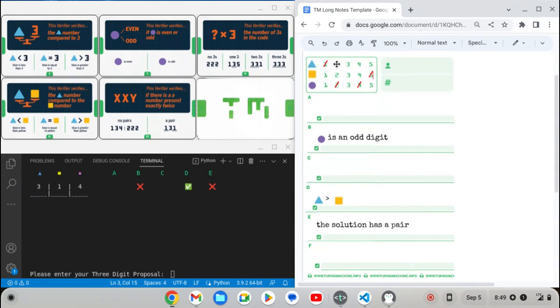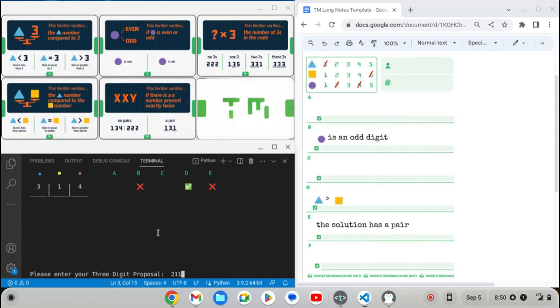Oh, and of course, since triangle has to be greater, that would force square to be 1, and then matching up with circle 1. That may be a possibility. Yeah, let's go with that. So 2, 1, 1. So I'm hoping no 3s, and triangle is going to be less than 3. And actually, we may be able to deduce no 3s.